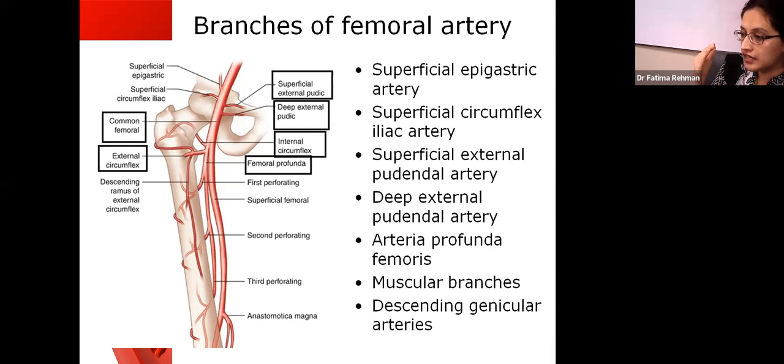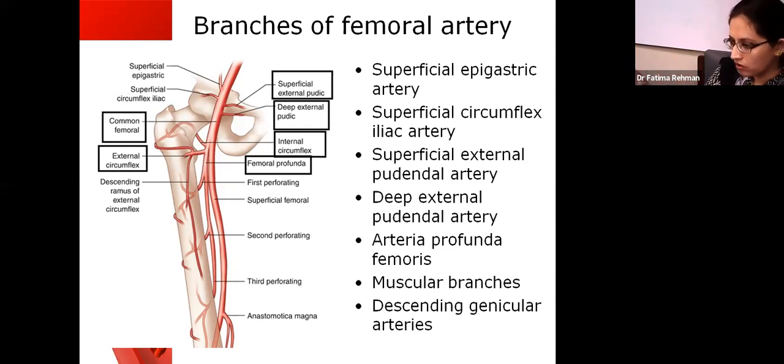But specifically to the lower extremity, we have the arterial branches, that's the profunda femoris artery, which goes posteriorly. The femoral artery gives off the muscular branches to the muscles of the anterior compartment of the thigh, and it gives off the descending genicular arteries, which are responsible for forming the genicular anastomosis at the level of the knee joint.